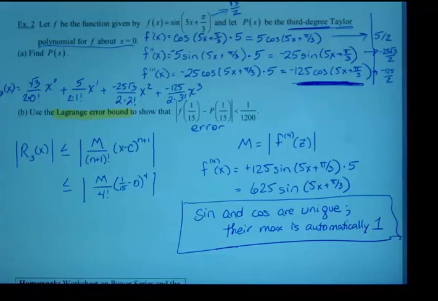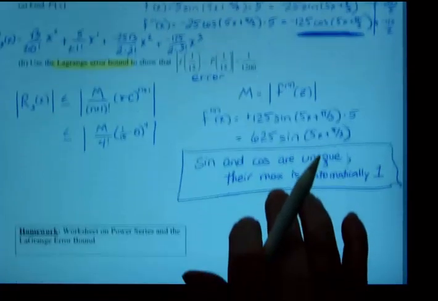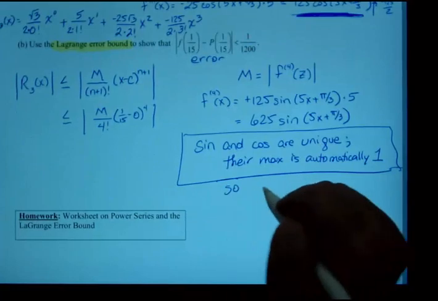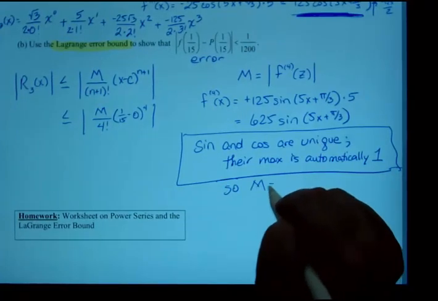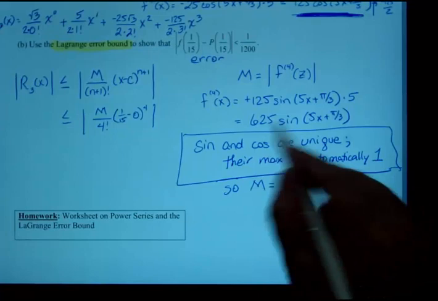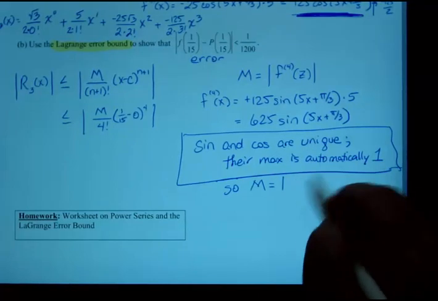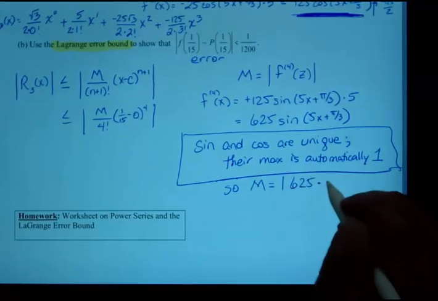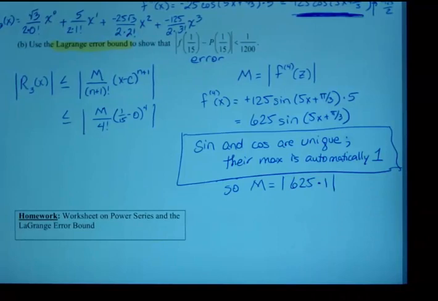You can immediately say that the sine part is 1 because that's its max. Always. So that means m is going to be the absolute value of 625 times 1. The sine, everything with the sine is 1.